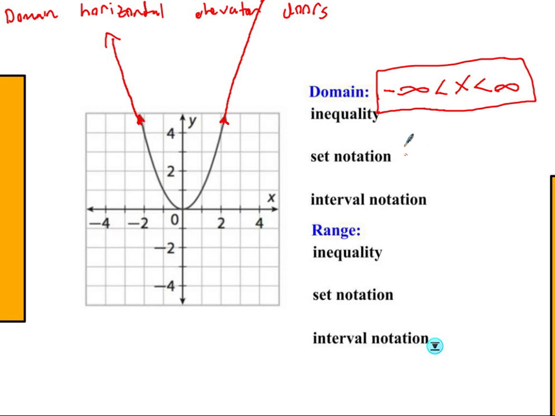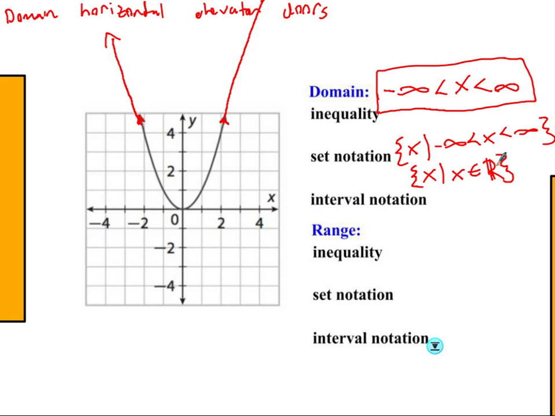Now, for set notation, again, we can go ahead and set it up properly. So we have negative infinity, less than x, and remember what goes inside is basically our inequality. Now, because we actually have negative infinity and infinity on both sides, there's basically an easier way of writing the set notation, and that's this right here.